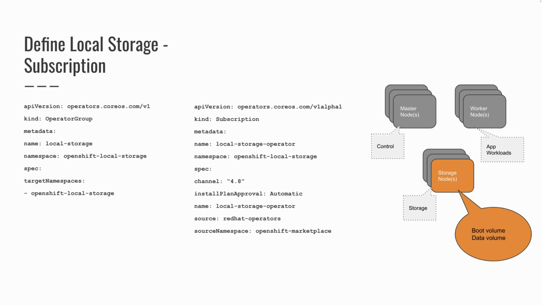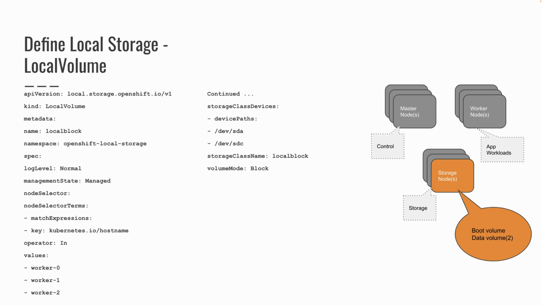So now with the local storage operator in place, the next step is to create a CR, and that is the local volume.